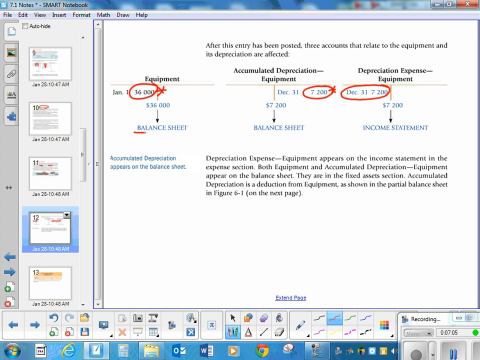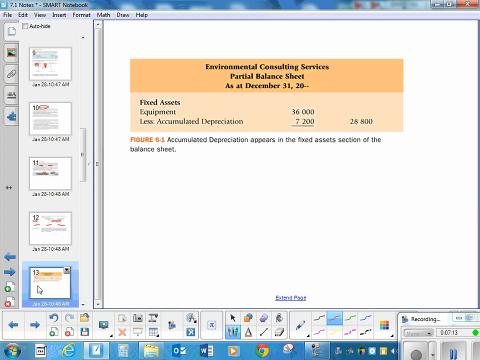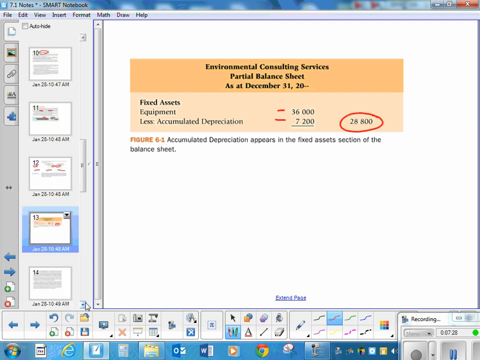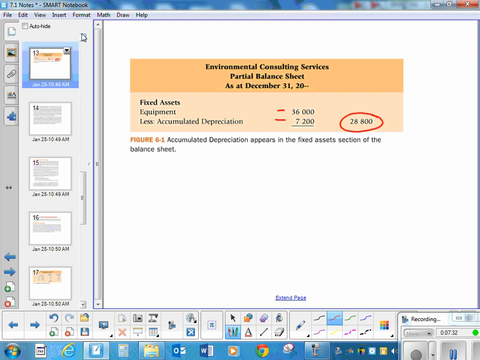So this equipment goes on the balance sheet. The depreciation also goes on the balance sheet, and the expense goes on the income statement. To look at it this way, we have our equipment here minus our depreciation. Our equipment is now worth $28,800. And the reason why we do this every year is because we want to make sure our books are as accurate as possible.